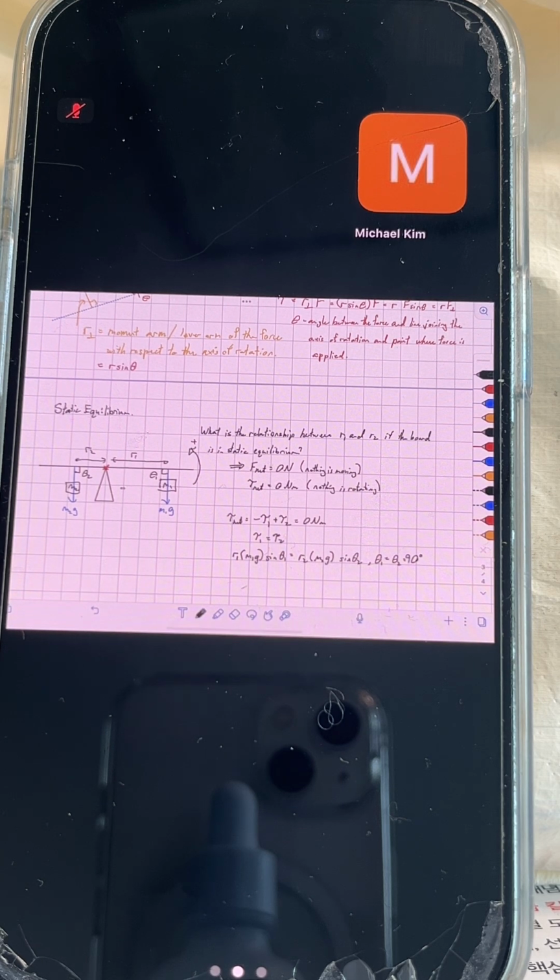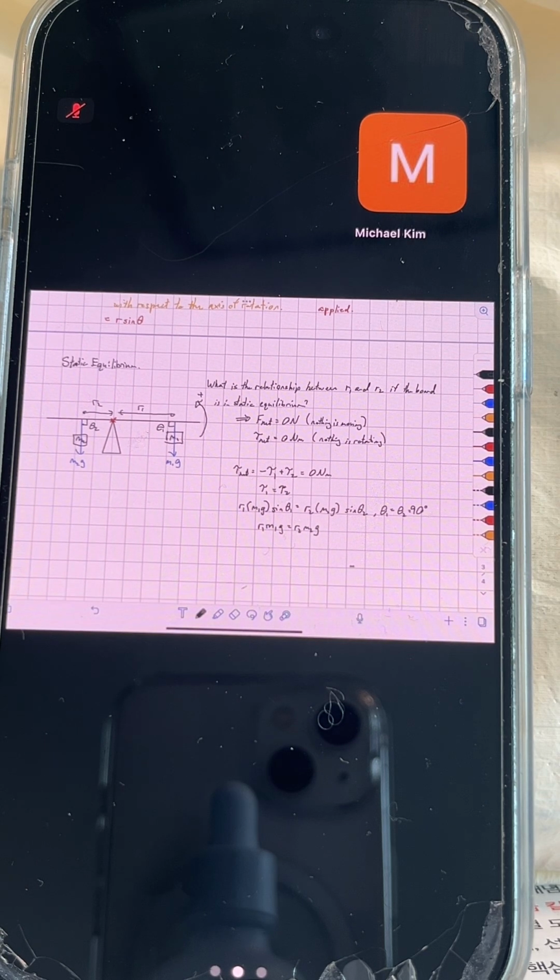These are both 90 degrees, and so I know that my sines are both just going to be 1. And so this just gives me R1 M1G equals R2 M2G, and so this tells me that R1 is equal to M2 divided by M1 times R2.